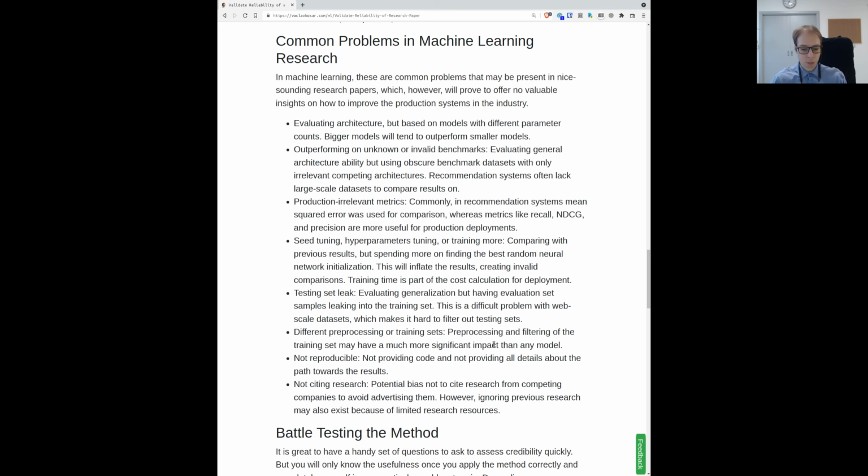This makes the paper harder to read and harder to put into context. But there may be this bias that groups may not want to cite each other. For example, two companies may not want to give advertisement to another company, and so they may not cite their research.